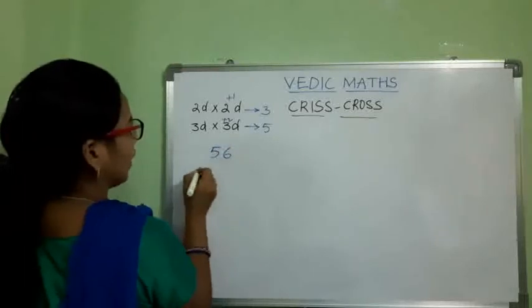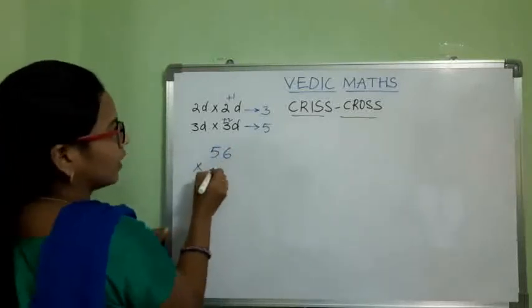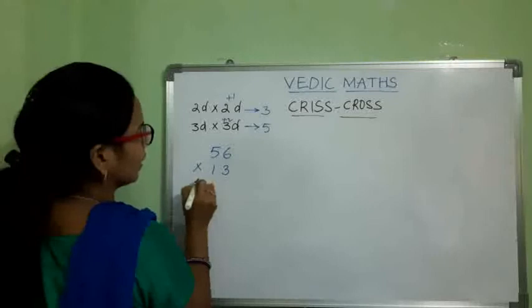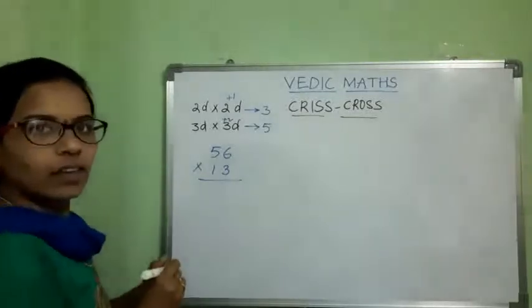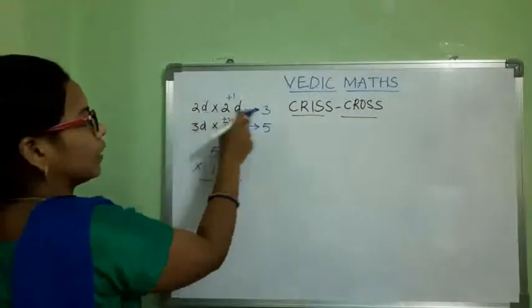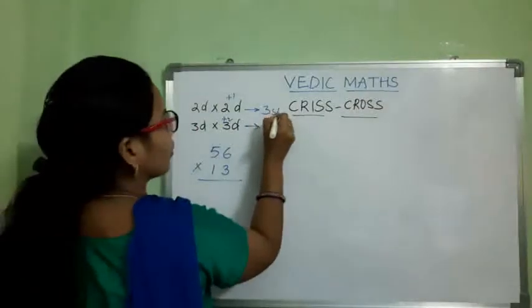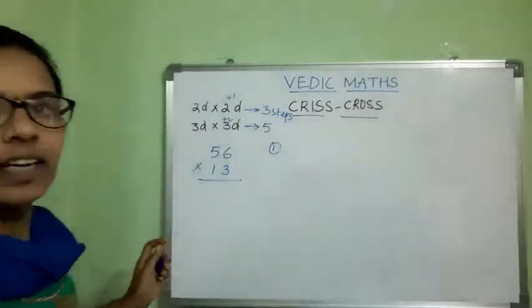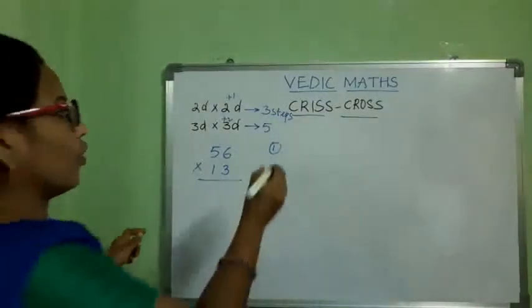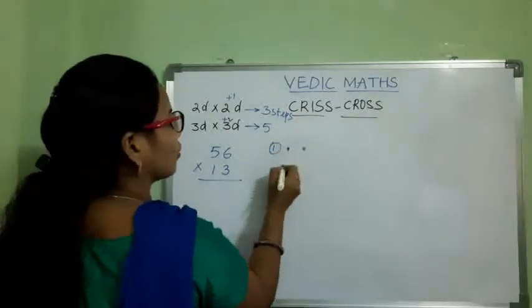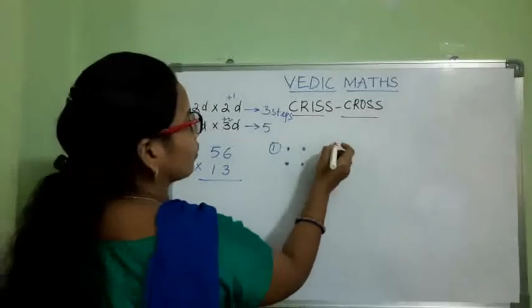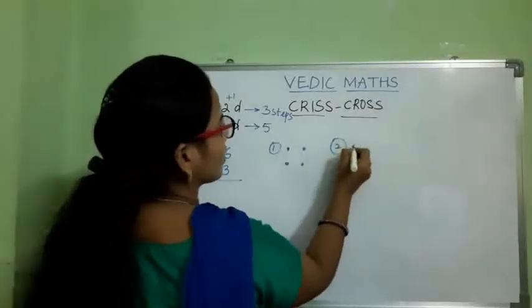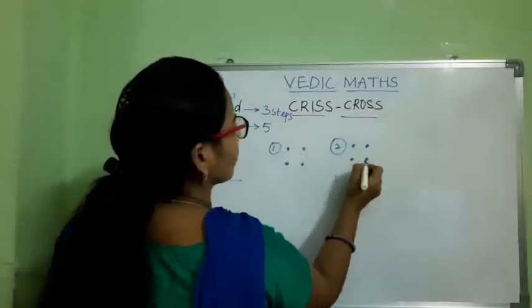For example, I am taking 56 into 30. This can be done within 3 steps. For that, I draw the dots here: 1, 2, 3, 4, and for the second step, 1, 2, 3, 4.